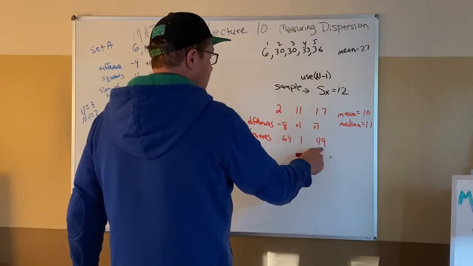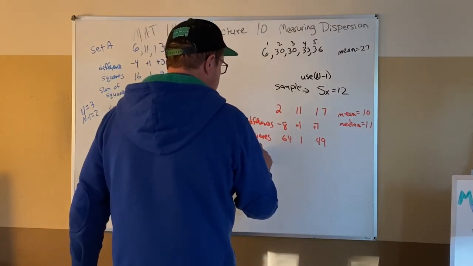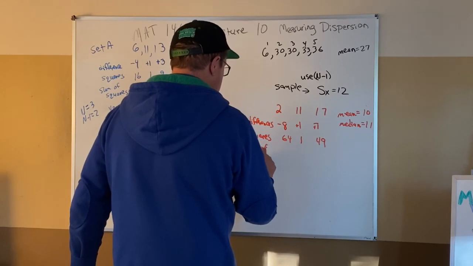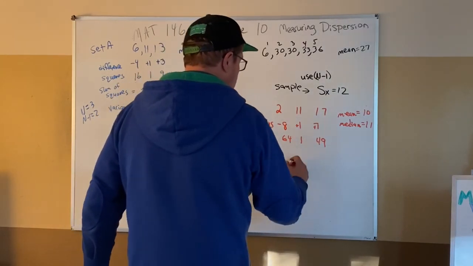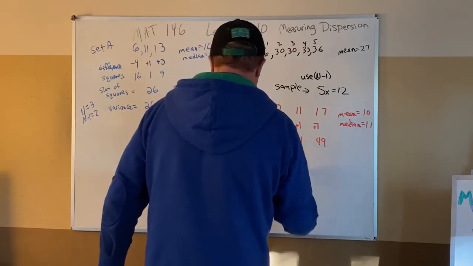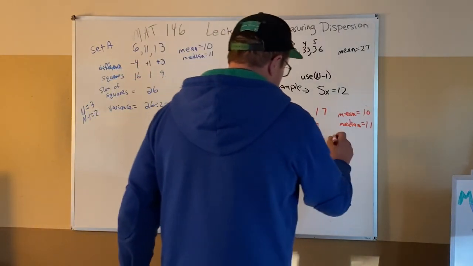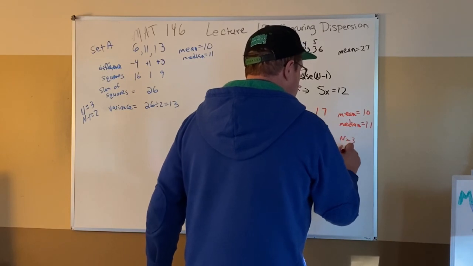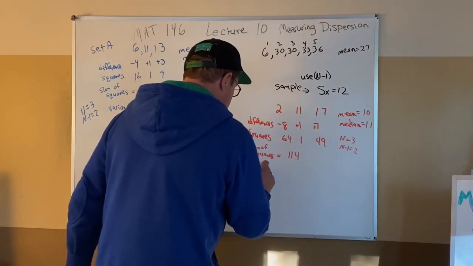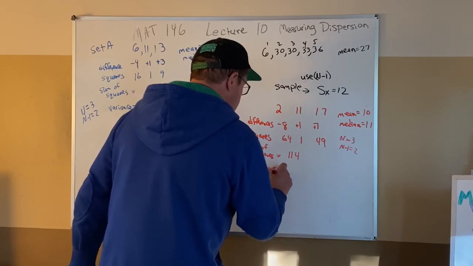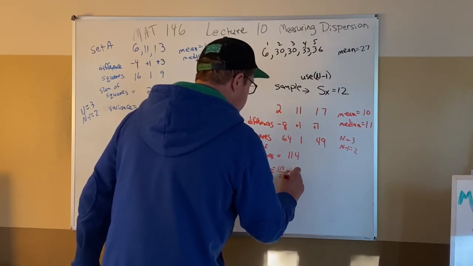So if we add these up, the sum of squares is going to get me 114. n equals 3, n minus 1 equals 2, so the variance, 114 over 2 is 57.